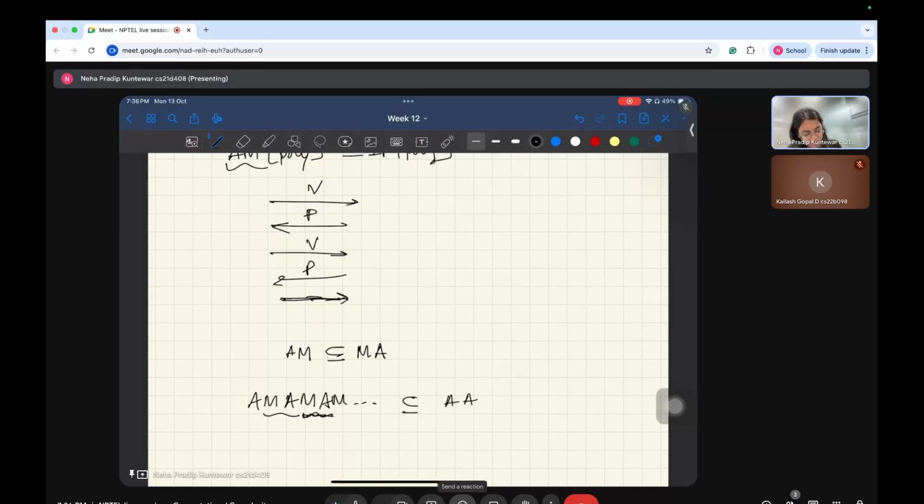So this will be AAM, AMM, which is same as AM, AM. This is because the two consecutive queries of Arthur can be merged together to make a single query, and the two consecutive queries of Merlin here could be clubbed together to make a single query. So this class AAM AMM is same as AMAM.